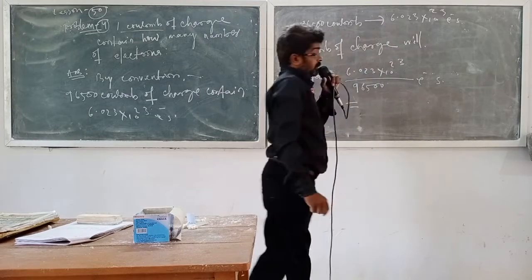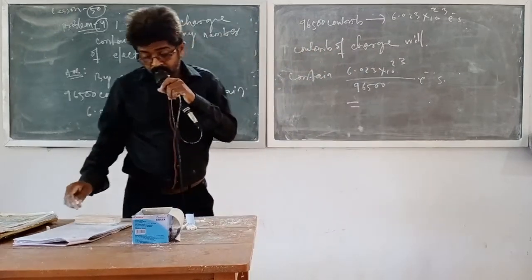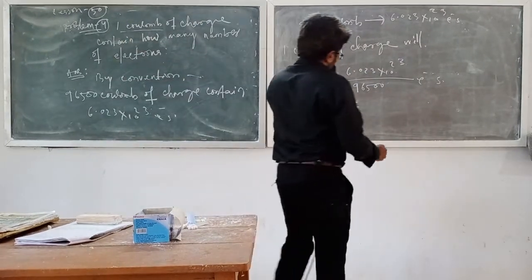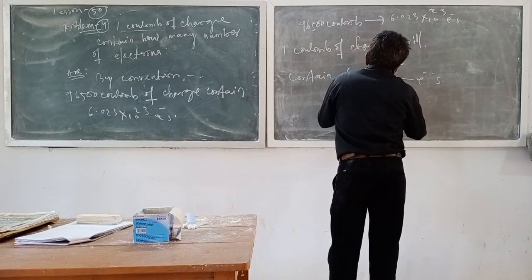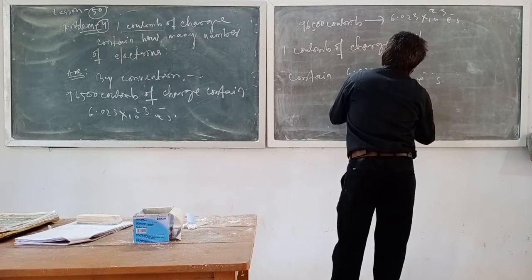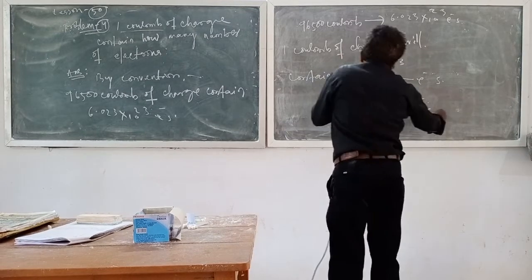Your answer will be 6.24 into 10 to the power 18 electrons. This is the answer.